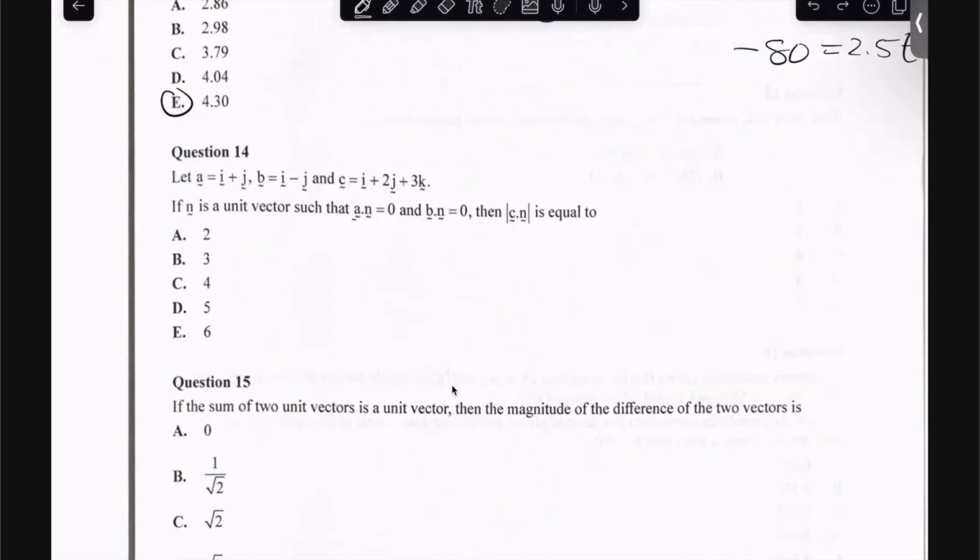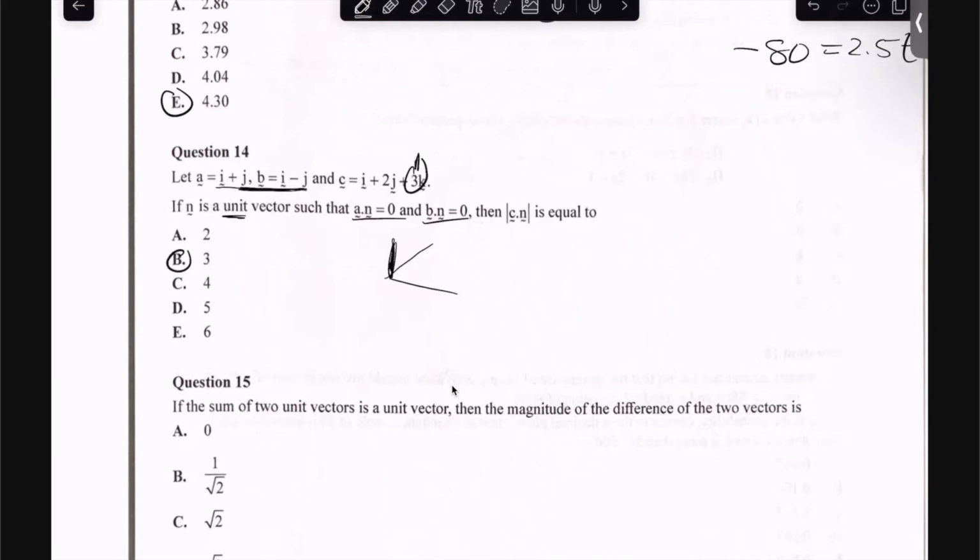So this is perpendicular to both, right? So if that's i, that's j, then it must have a third dimension, and it's a unit vector. So the magnitude of C dot n, this must just have a k component, and it's 1. So it should just be 3.